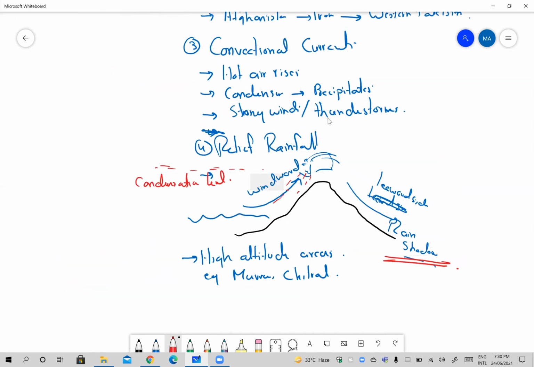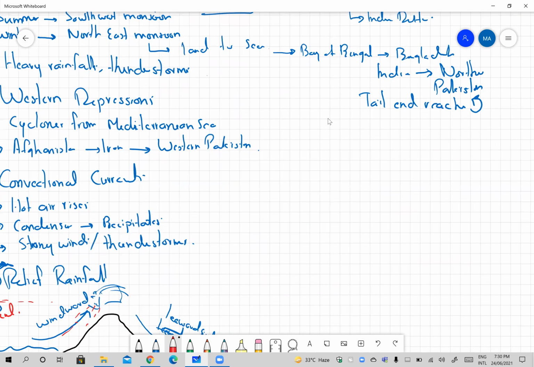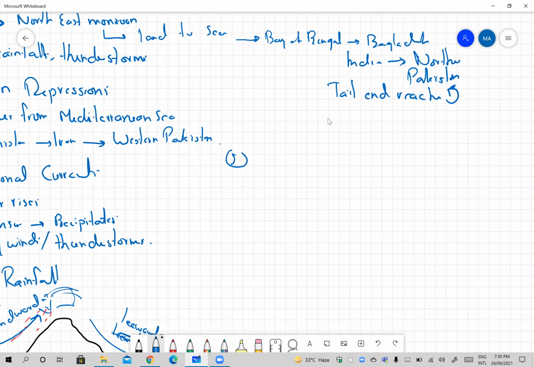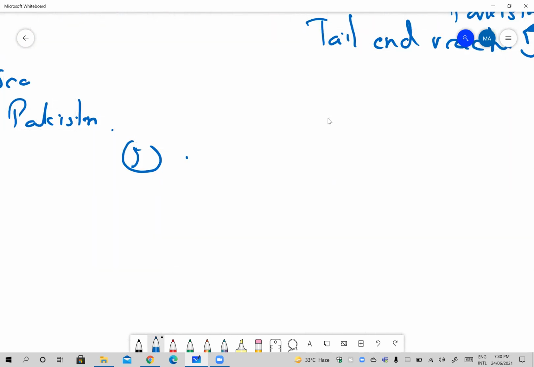Now, the fifth type of rainfall is tropical cyclones, the rainfall caused by the tropical cyclones. Tropical cyclones are known for bringing destructive winds and heavy rainfall.